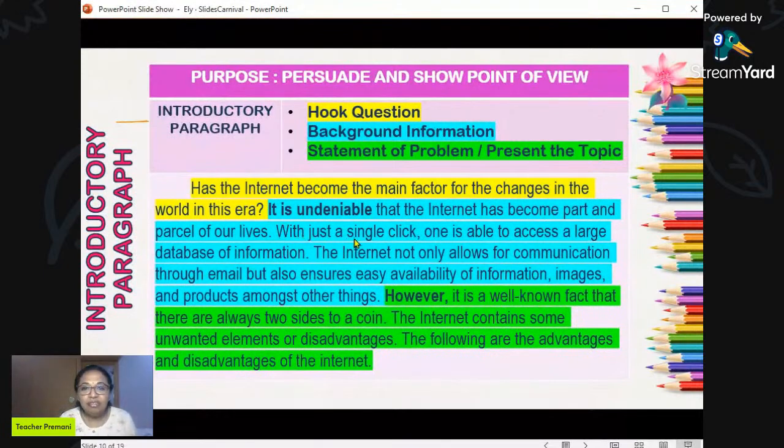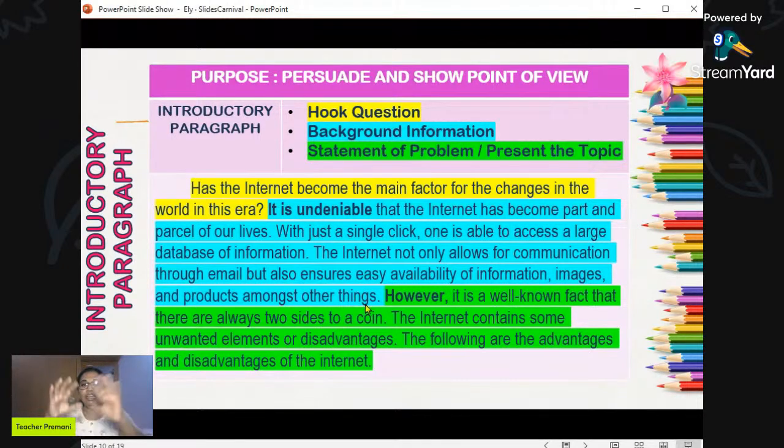With just a single click, one is able to access a large database of information. The internet not only allows for communication through email, but also ensures easy availability of information, images, and products, amongst other things.